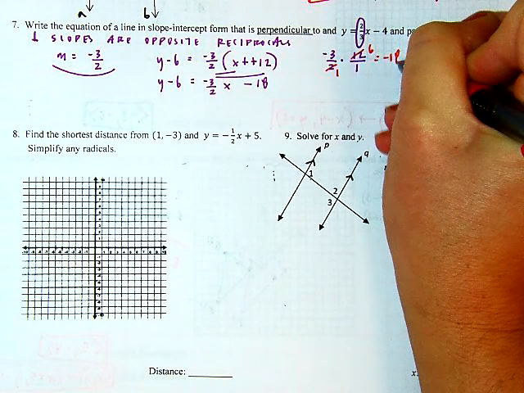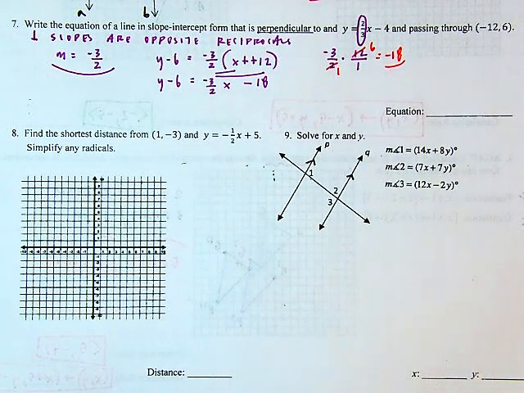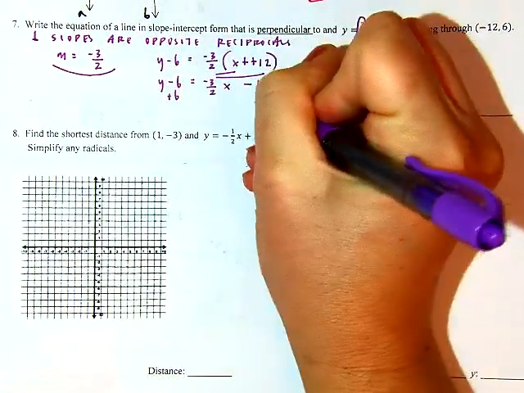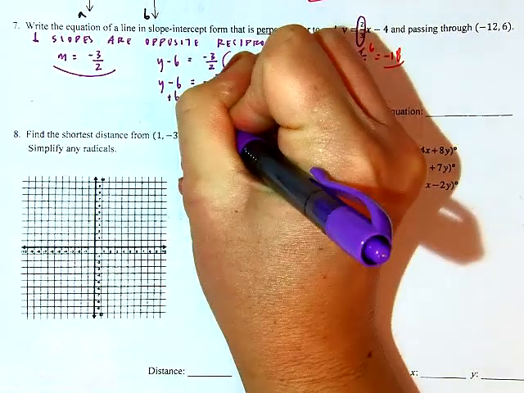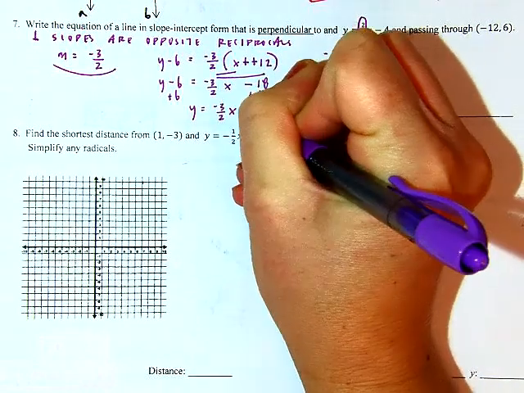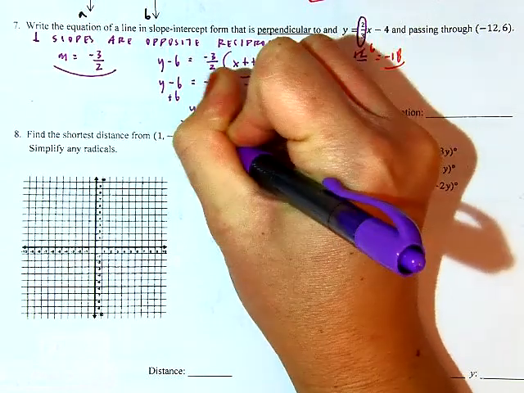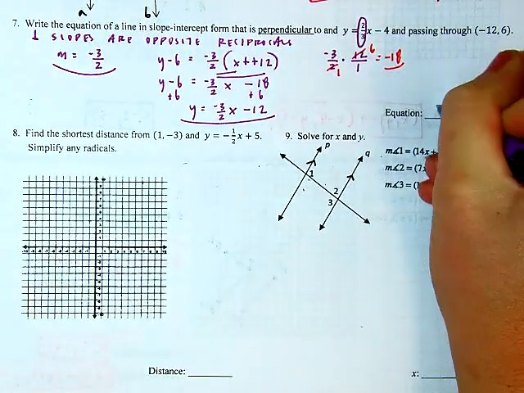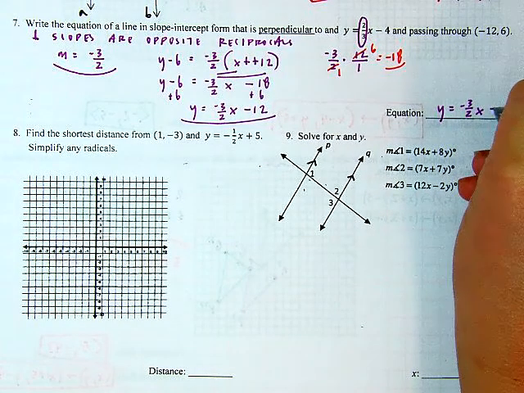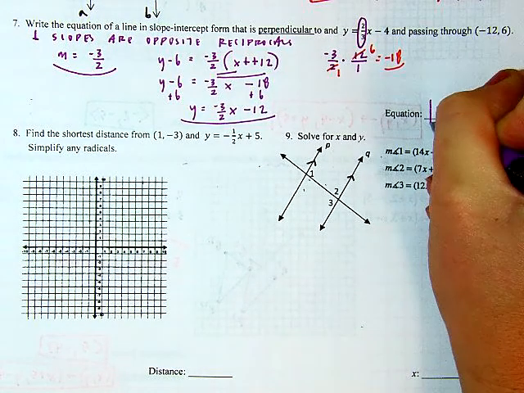So that's where I'm getting that -18 from. Last thing I need to do is add the 6 to the other side. And I get y equals -3/2 of x minus 12. So that's my equation. Y equals -3/2 of x, take away 12, minus 12.